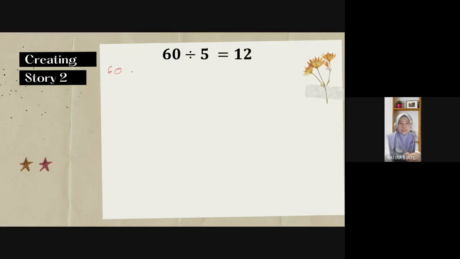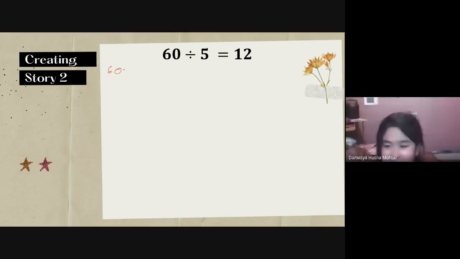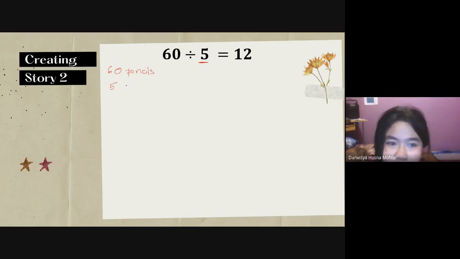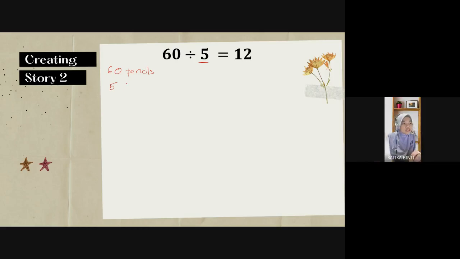Clue? Pencil? Eraser? 60 pencil. Okay, 60 pencil. And what about a 5? 5 what? 5 boxes. Okay, what is the keywords that you want to use?